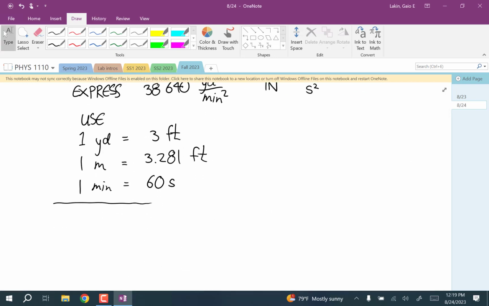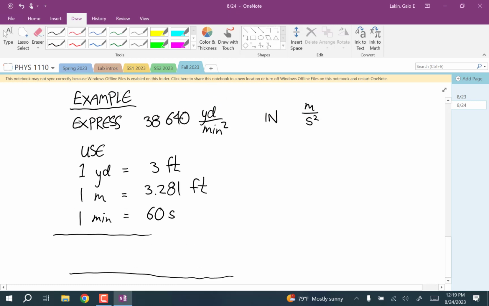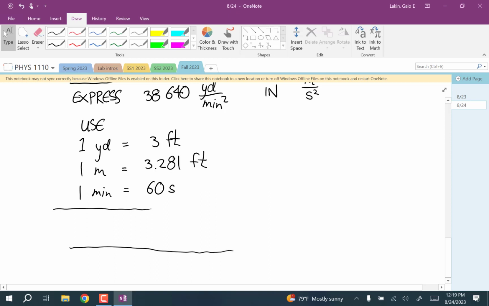Okay, so I'm going to start with a big fraction bar. And now we have to think about what's in the numerator and what's in the denominator of the starting value. So we have 38,640 yards divided by, instead of minutes squared, I'm going to write this as minutes times minutes.